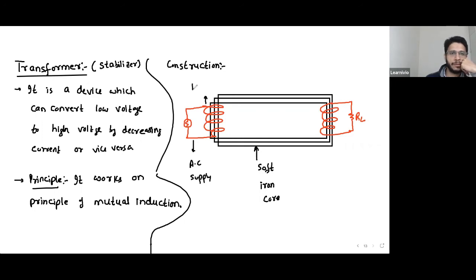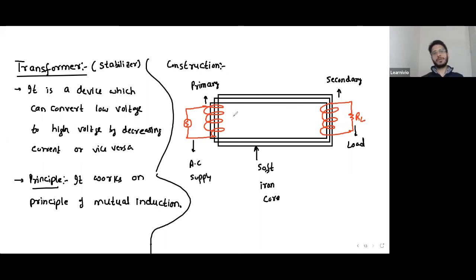This is primary. And this is secondary. That is primary and this is secondary and this is load. So this is basically a typical stabilizer or typical transformer. This is primary which is connected to the AC supply and this is secondary which is connected to the load.